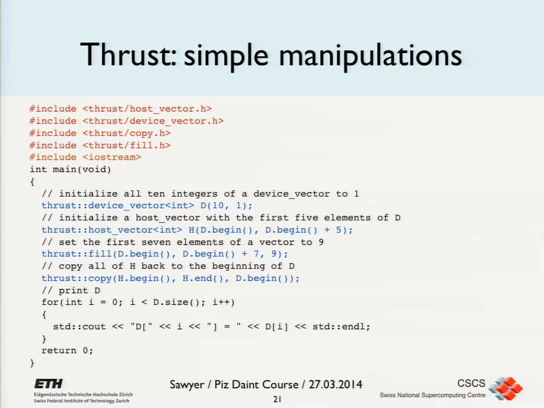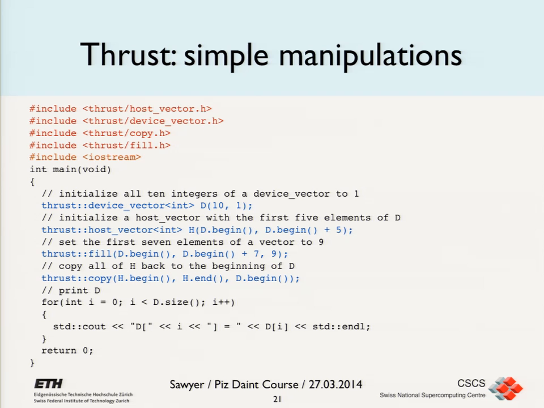So, simple manipulations. So this is a little tiny assignment here. You have to use all these include files. It's a template library, right? It's all done at compile time. It's not a called library, if you like. Okay, so what do we do in this example?